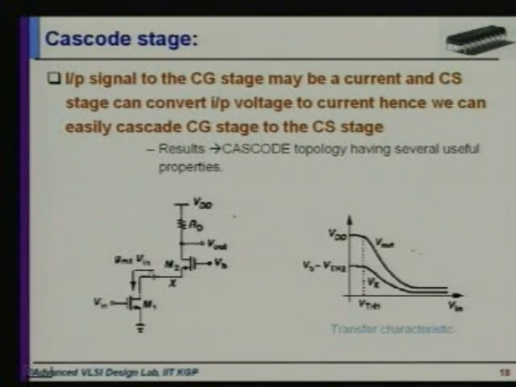This is the shielding property of the cascode stage, and it can be used in op-amp design or the cascode current mirror.